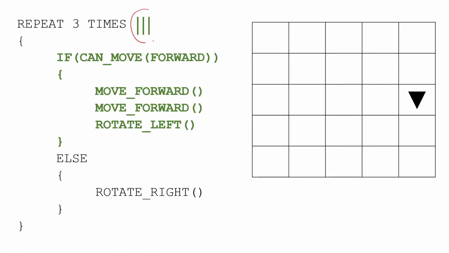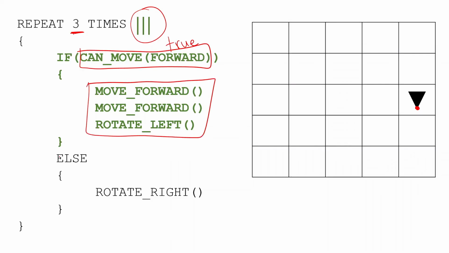Now for a 3rd time and the final time, I ask the question again, can I move forward? Okay, can move forward. This is going to return true because the box in front of me, the grid in front of me is available. So because it's true, I'm going to run these 3 lines of code again, and I'm going to skip this else statement. Okay.